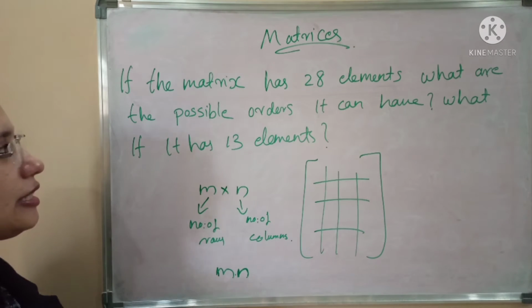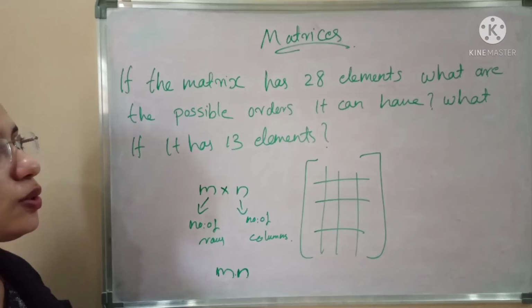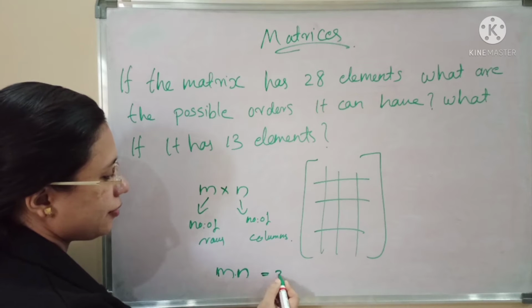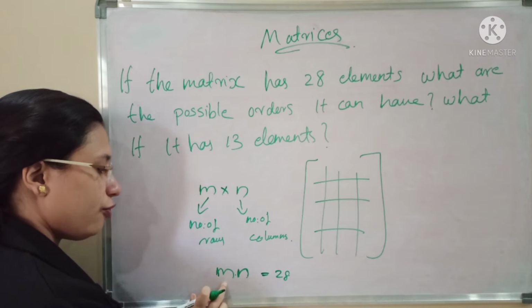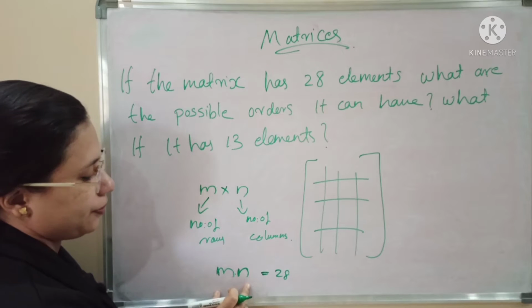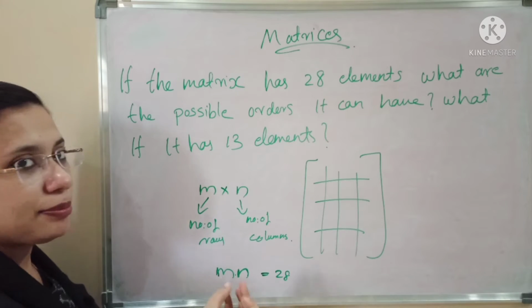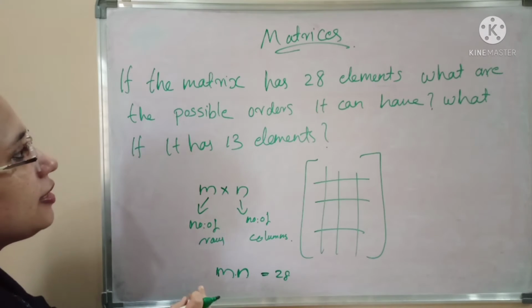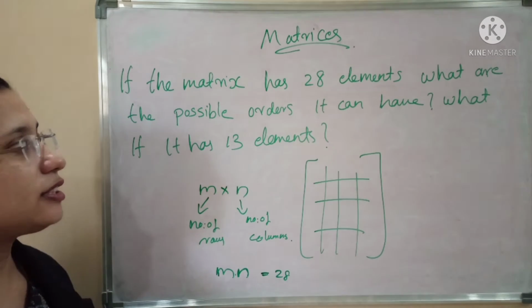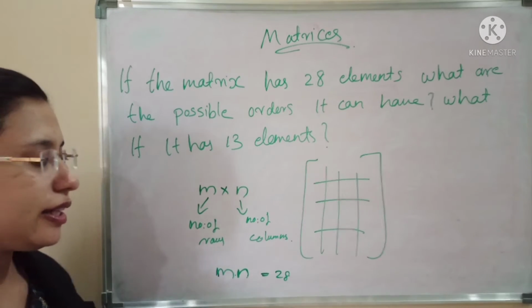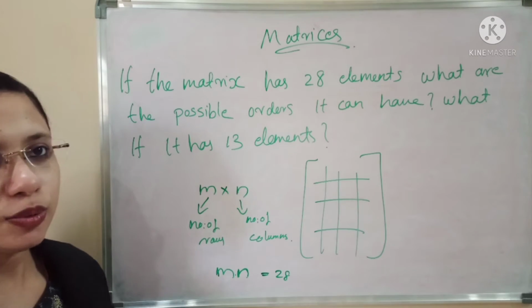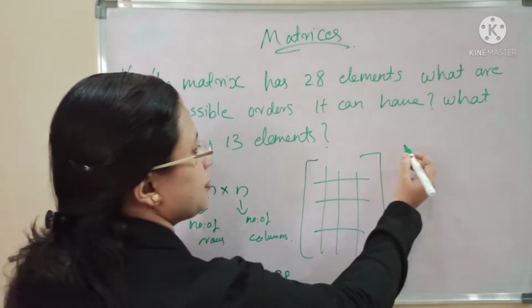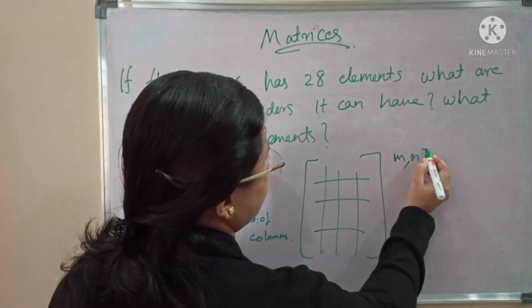In this question, they gave the matrix has 28 elements. So 28 elements are obtained when we multiply the number of rows and the number of columns. We can take the multiples of 28 to get the possible orders.